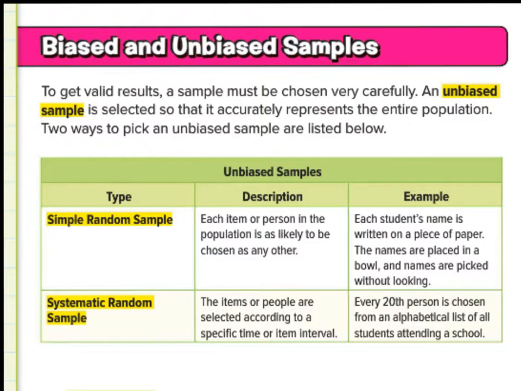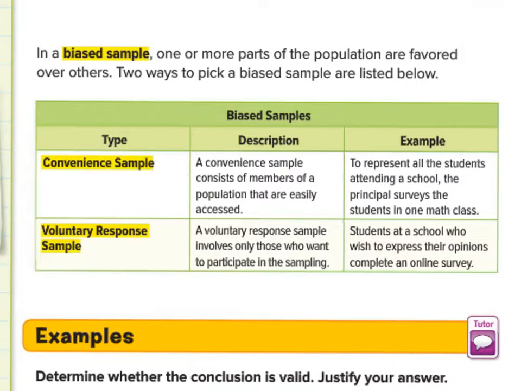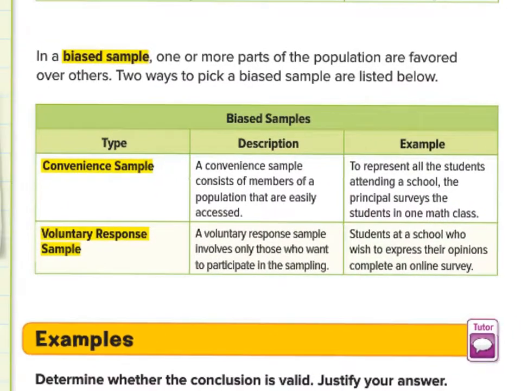This would still make it random because we don't know who those people are going to be until we actually see the list and the number of people and their names, correct? So now we know that a random sample is unbiased, right? But what is a bias? In a biased sample, 1 or more parts of the population are favored over others. 2 ways to pick a biased sample are listed below.